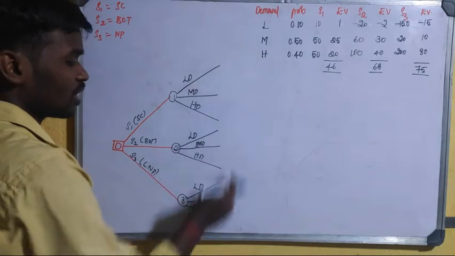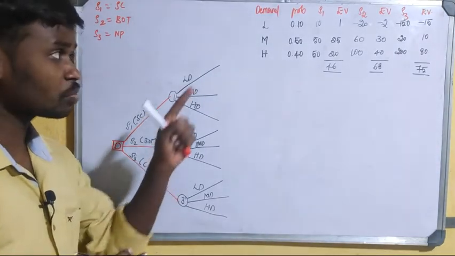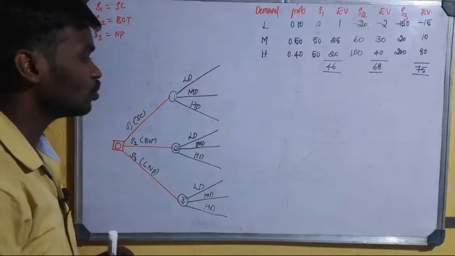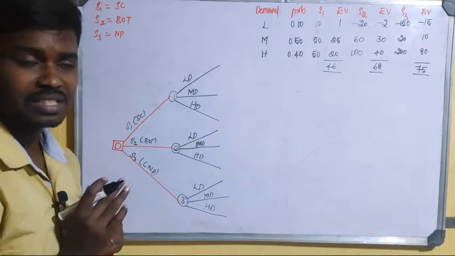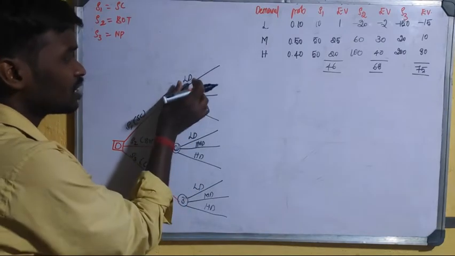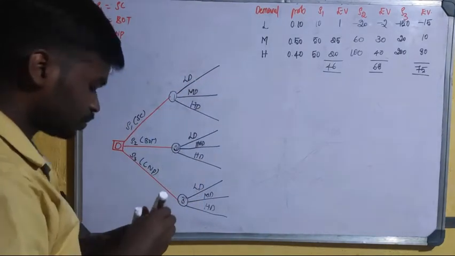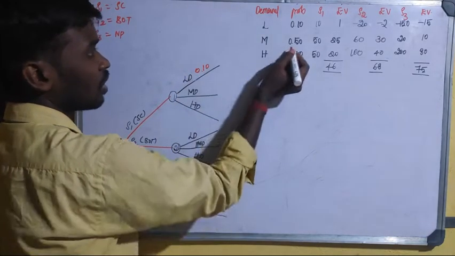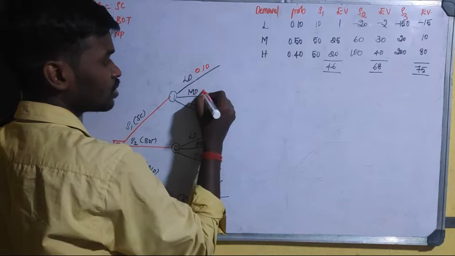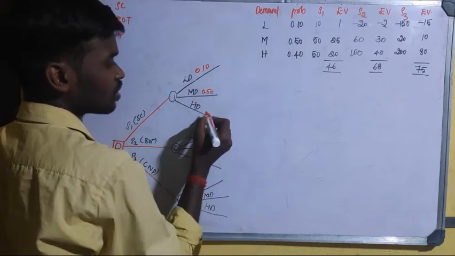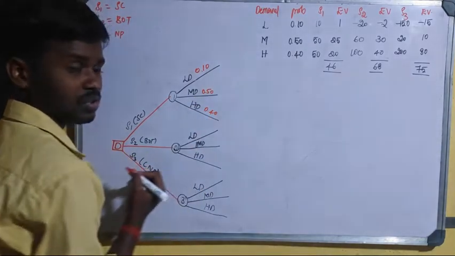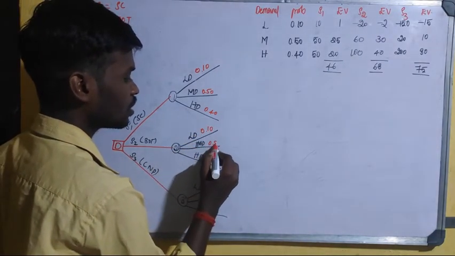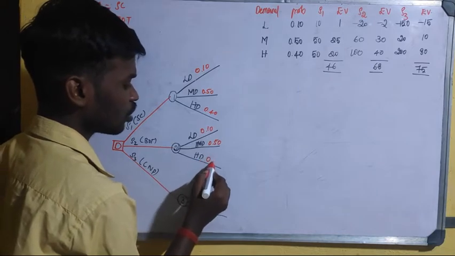So in this case we have to calculate the expected monetary value. Expected value is also called the expected monetary value. Based on that we have to take the necessary decision. See, the probability of low demand is 0.10, medium demand probability is 0.50 and high demand 0.40.